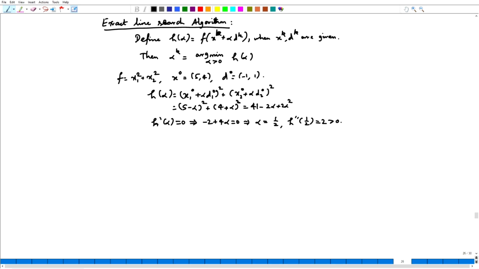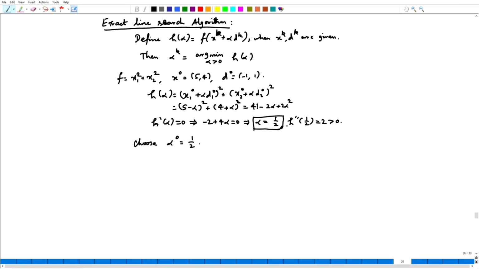So, this is actually the minimum. What this tells us is choose alpha 0 equal to half. So, exact line search tells us that for this example choose alpha 0 equal to half.